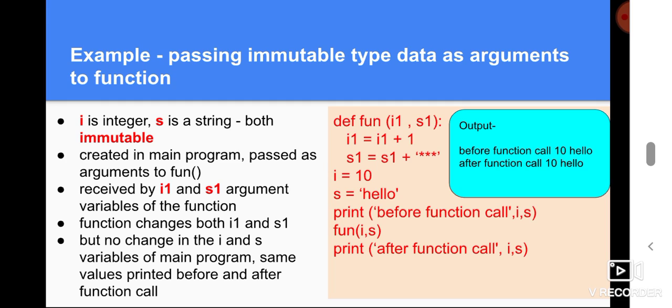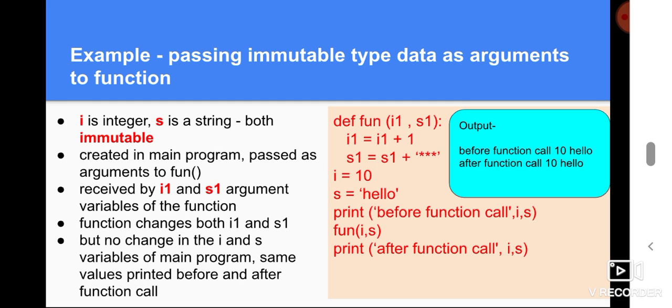We want to know whether the function, which is changing its arguments by increasing by 1 or concatenating with the string, has an effect on the variables which were passed as arguments in the main program. That is why we are printing both the argument values before the function call and after the function call.